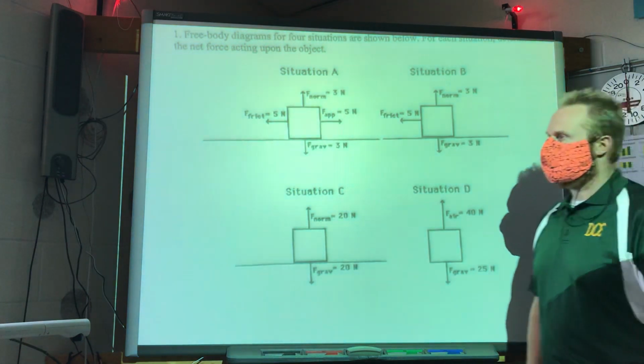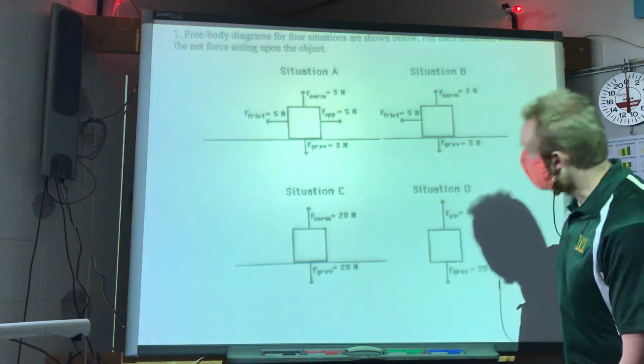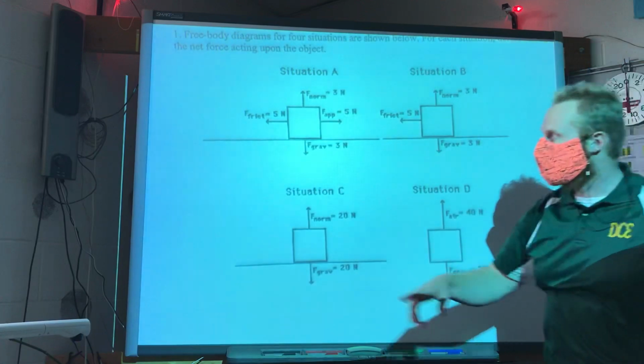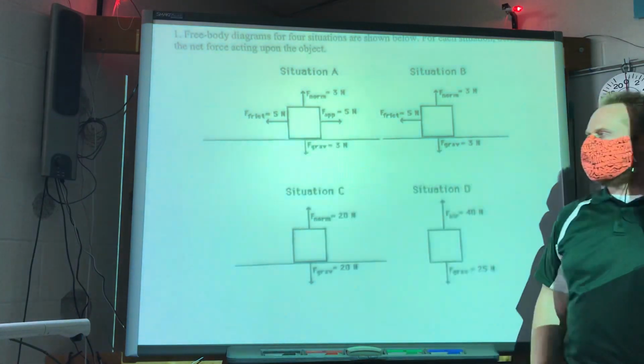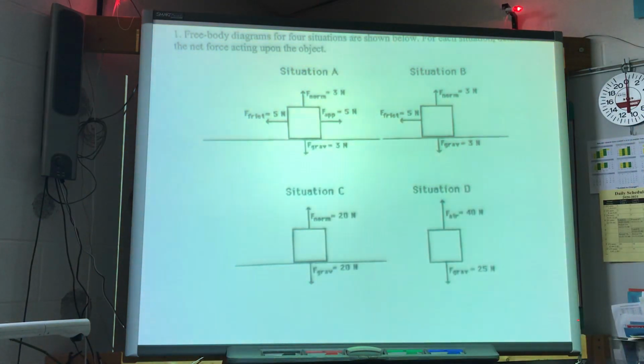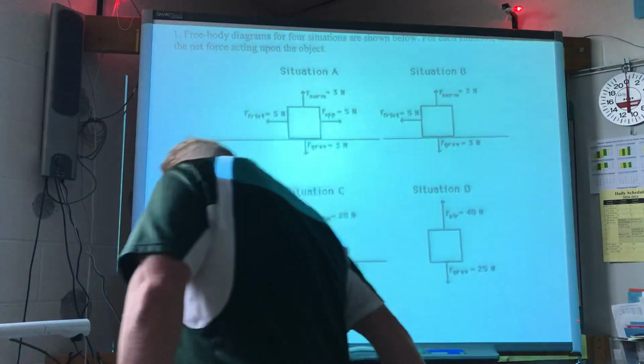Now I borrowed this off the internet. As you can see, the source is cited right there. So their terms are a little bit different. Like they call it F grav, where I just call it F of G. They call it F norm, I just call it F of N. F of frict, and I just say F of F. So the terms are slightly different, but the ideas are still there.